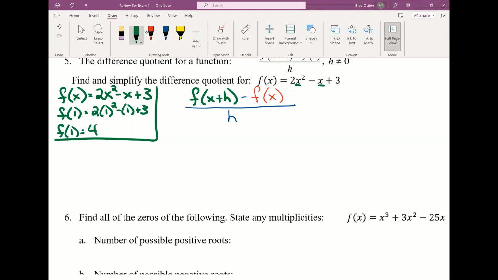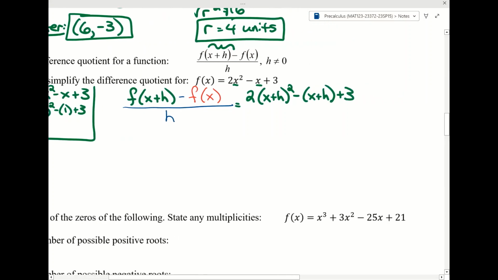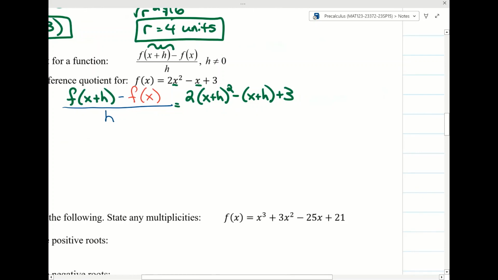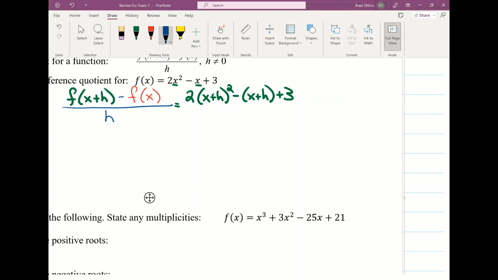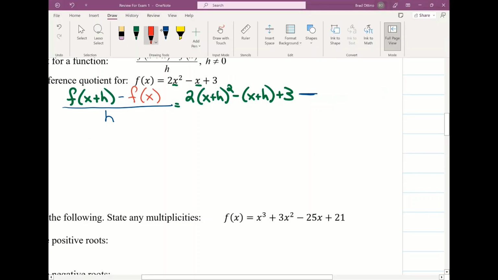So let's go ahead and do this. F of x plus h means we're going to put x plus h in for all these x's. That's the first part. Now I'm going to subtract f of x.